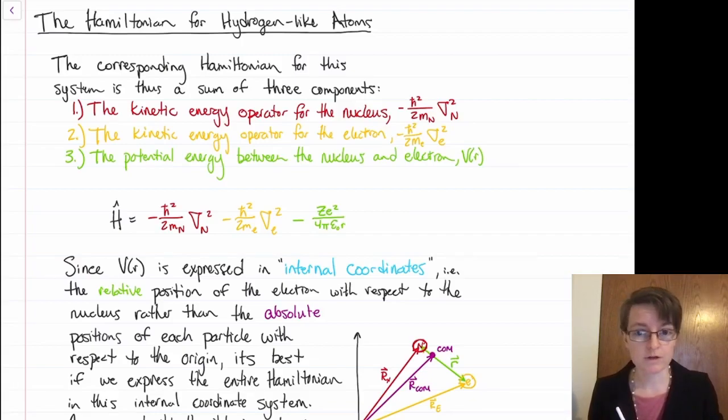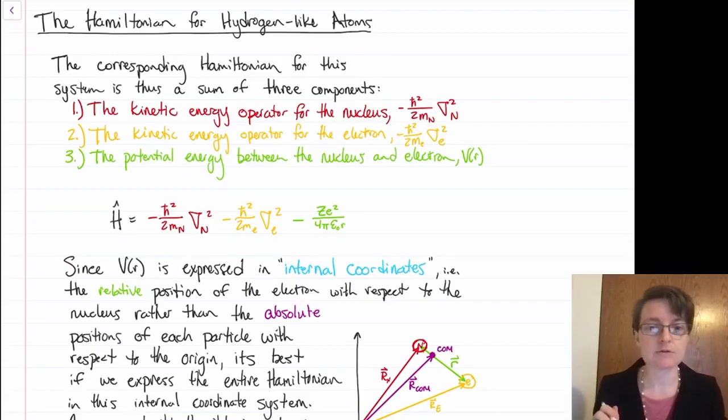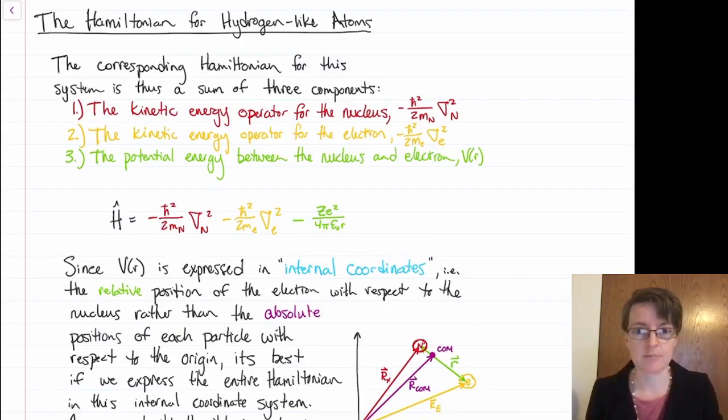So I'm going to have one term that describes my kinetic energy operator for the nucleus, and I'm going to use subscript capital N to describe that we're talking about the nucleus. I'm going to have a kinetic energy operator that describes what the electron is doing and its kinetic energy. I'm going to show that in yellow and give you the little subscript E to denote that we're talking about the electron. And then last but not least, we have a potential energy term, which is exactly what we discussed above.